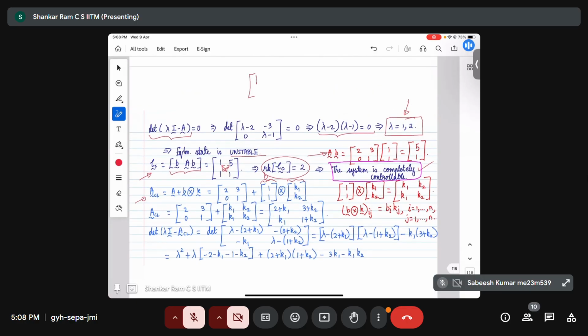If we have the vector B written as B1, B2, and outer product K1, K2, the outer product becomes a 2 by 2 matrix, which will be B1 K1, B1 K2, B2 K1, B2 K2. Okay. So essentially, this is what you will have.